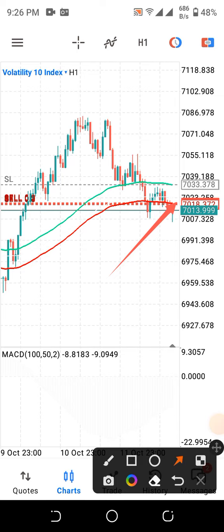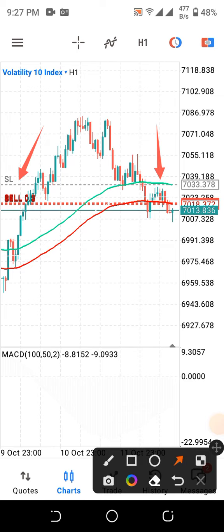Do you understand? So as you can see, this is my stop loss here, and this is the green line. As I explained in my previous video, whenever you are selling, the green line of the envelopes indicator will serve as your stop loss.